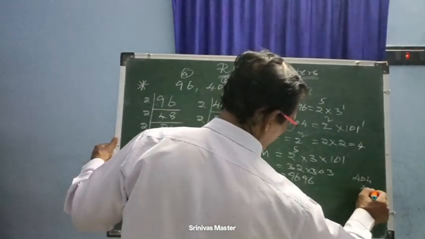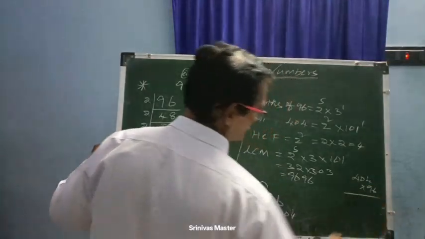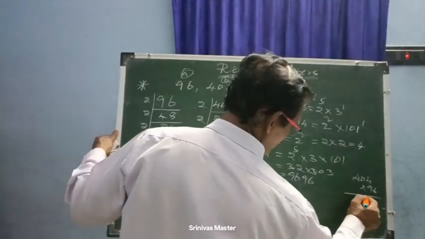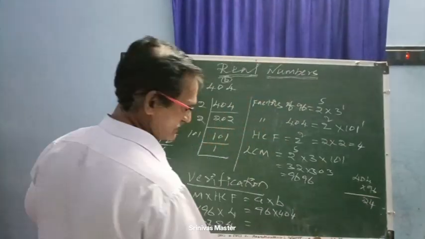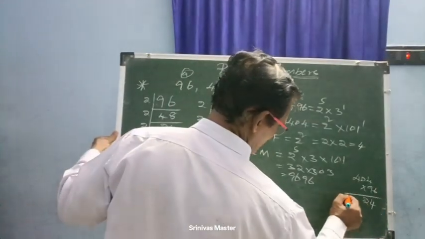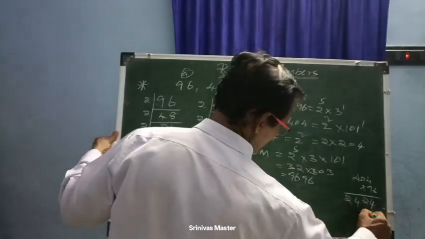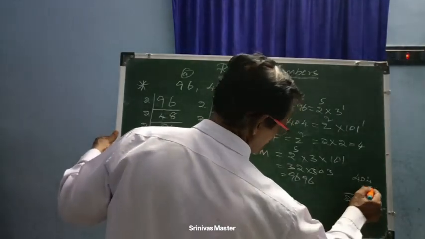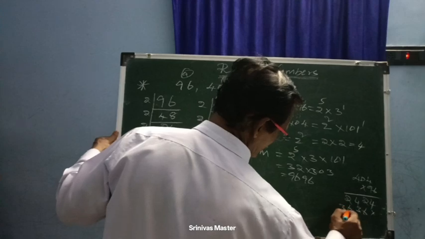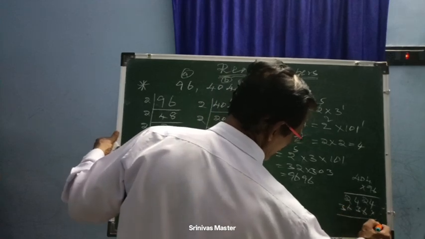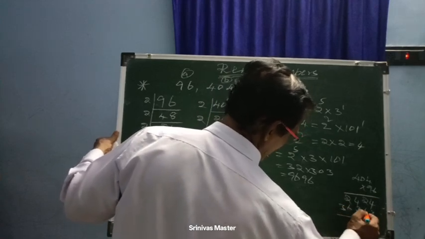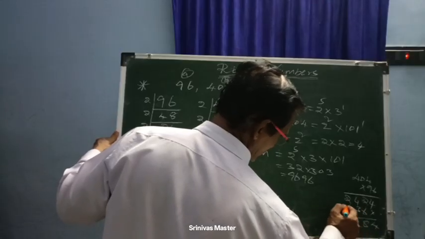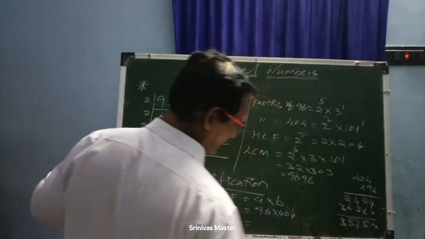404 into 96. Do the general multiplication. 6 4s are 24. 0 is 0, so you take 24. Again 6 4s are 24. Next, 9 4s are 36. 9 4s are 36. You know general multiplication now. 4, 6 plus 2, 8. 4 plus 3, 7. 2 plus 6, 8. 3. 38784.